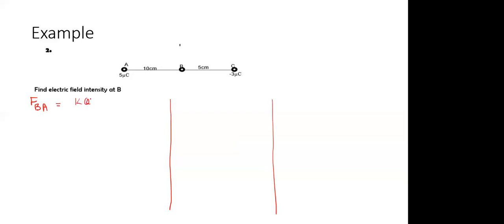Members, go through the same procedures: electric field at B due to C. Your charge, now you want the electric field at this point B, but due to the charge A, then due to the charge C. So can we try it?